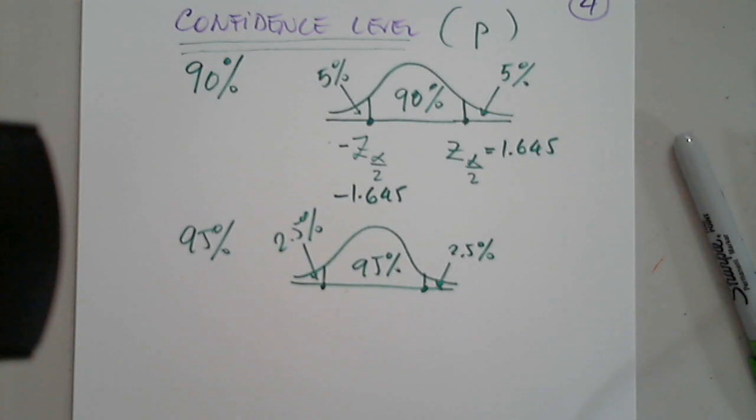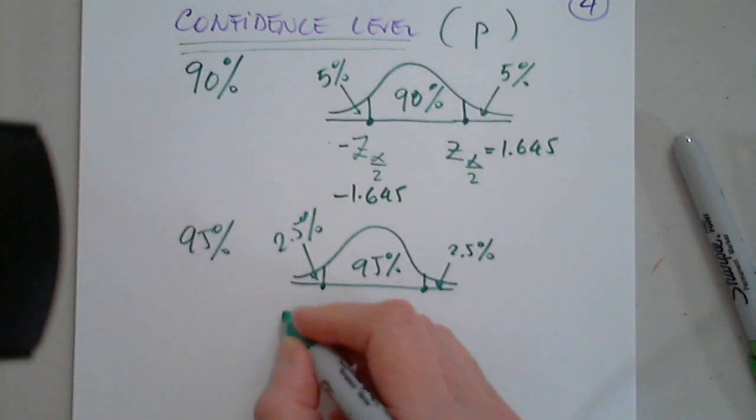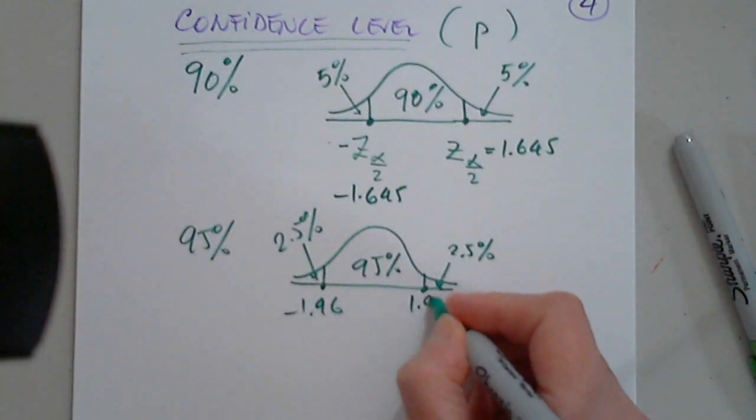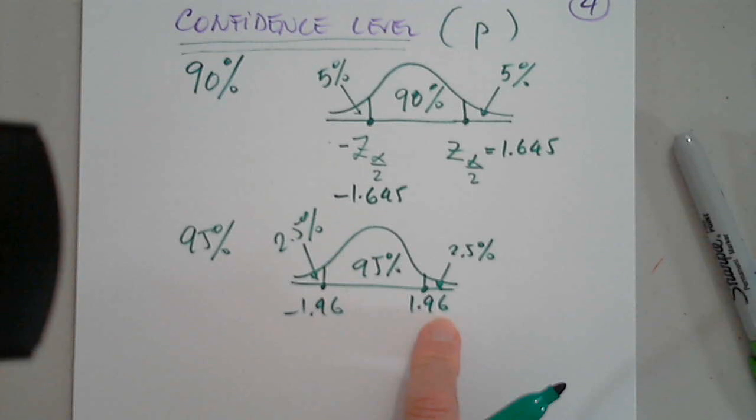So I'm going to share my screen again, and let's determine, same thing, everything the same, but I want to insert a 2 in here because the area is different. And I press enter, and of course, as expected, negative 1.96. This is a very well-known number, negative 1.96 and 1.96.